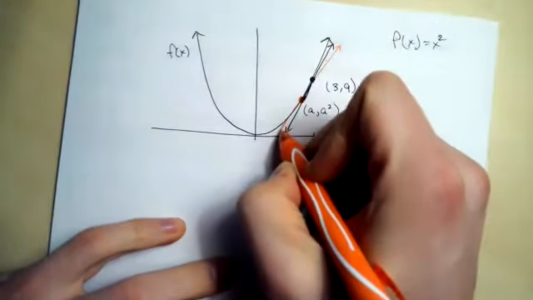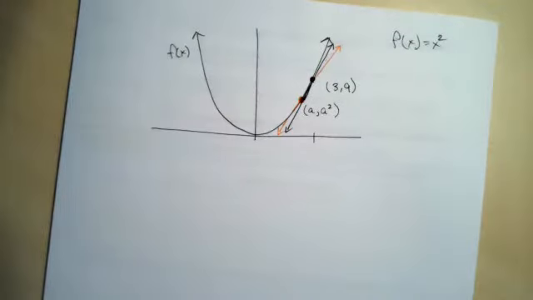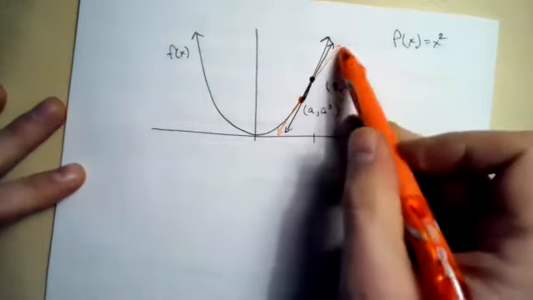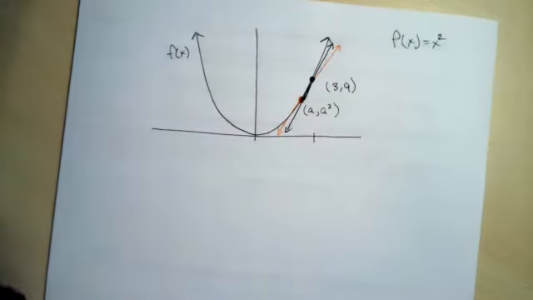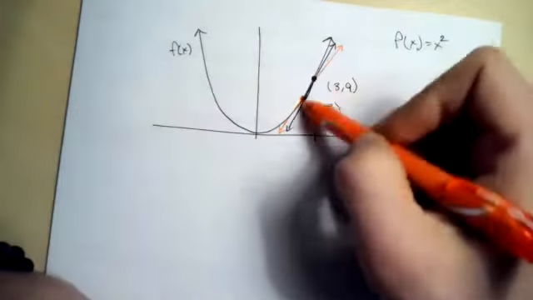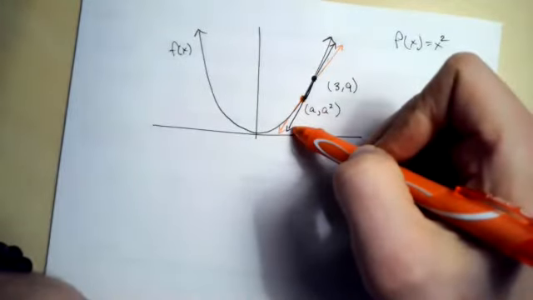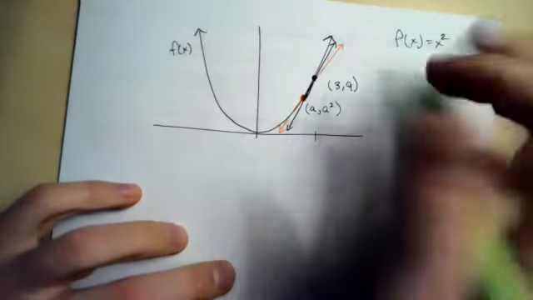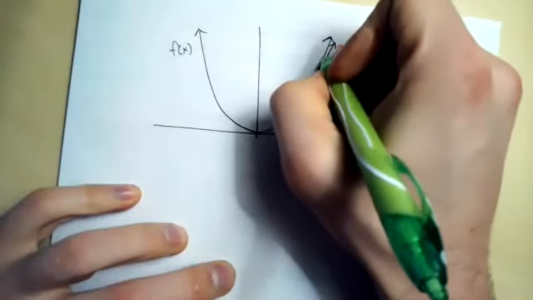Now, this isn't the exact thing we're looking for, but it's close. If I pick a close enough point, then the slope of, we call this the secant line between 2 points, the slope of the secant line will be pretty close to the slope of that tangent line. And it doesn't matter if I pick the point below or if I pick it above.